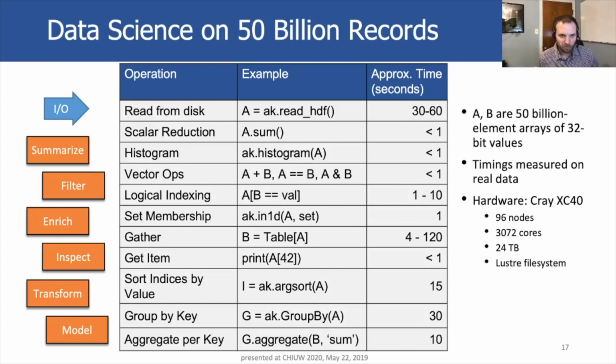And so sorting here takes 15 seconds, and it's important to know that 15 seconds is not dependent on the distribution of the data. If you're familiar with your algorithms, that's because this is implemented with a distributed radix sort, which has the nice benefit that it's pretty easy to implement, and it's going to scale the same regardless of your data distribution.